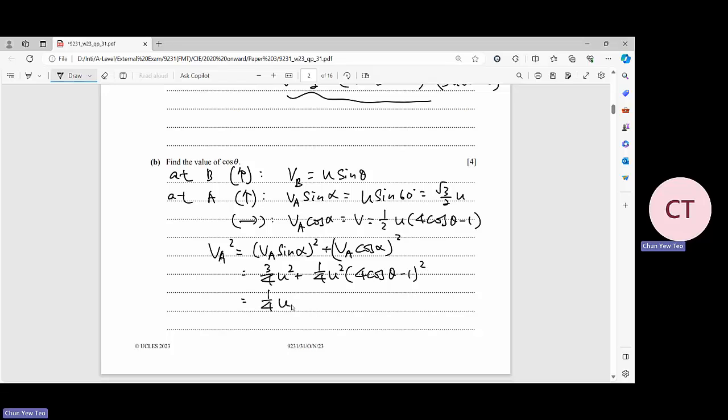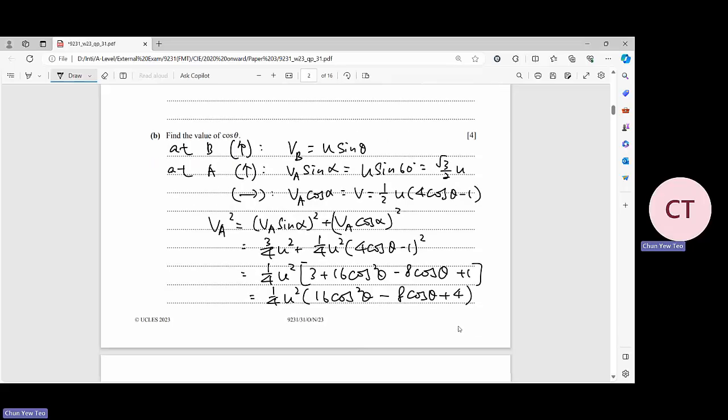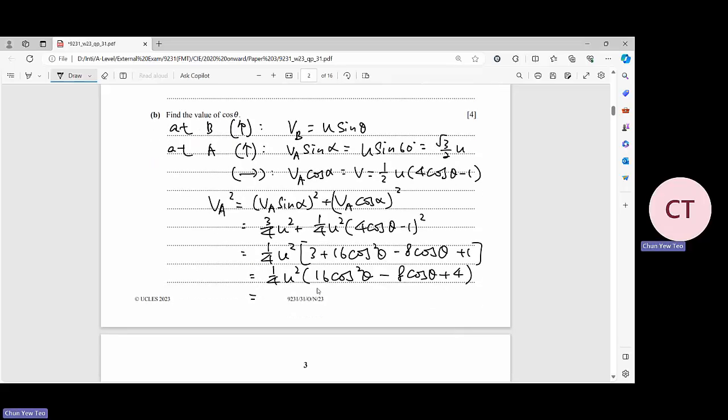Take the 1 over 4 U square out, then you will get 3 plus the 16 cos square theta minus the 8 cos theta plus the 1. Then you get 1 over 4 U square of 16 cos square theta minus the 8 cos theta plus 4. Okay, so you can see that actually the 4 can be cancelled off. That means U square, you can see that you have a 4 cos square theta minus a 2 cos theta plus 1. That will be my VA square.